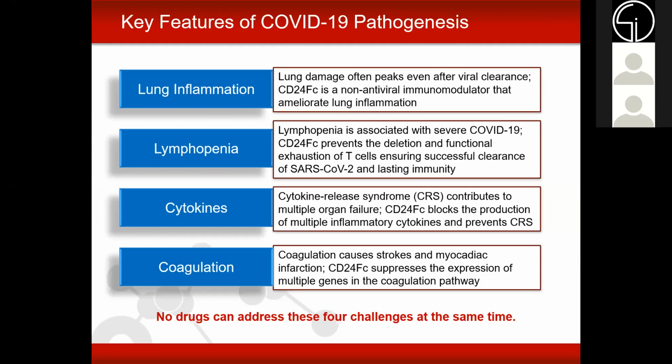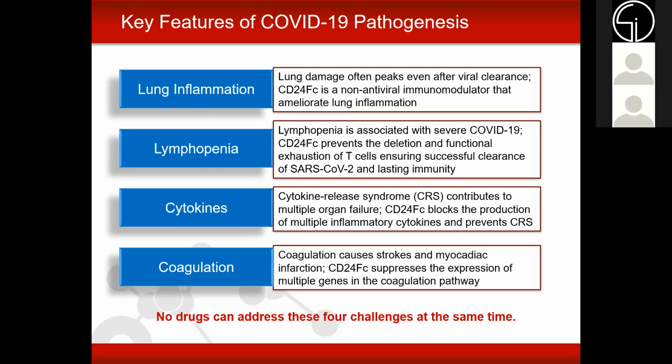We think CD24Fc, especially this innate immunity checkpoint, really targets the very key features of COVID-19 pathogenesis. This includes lung inflammation, which is well known to cause pneumonia, the major effect being in the lung.